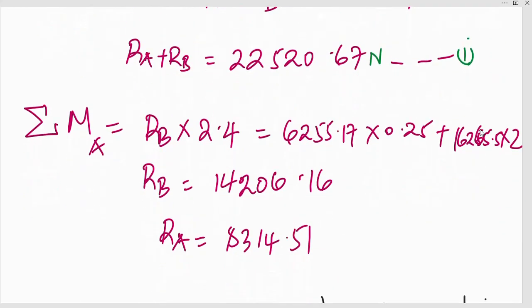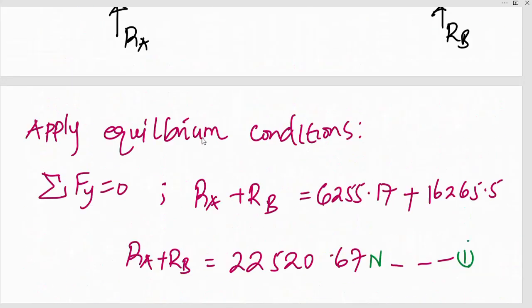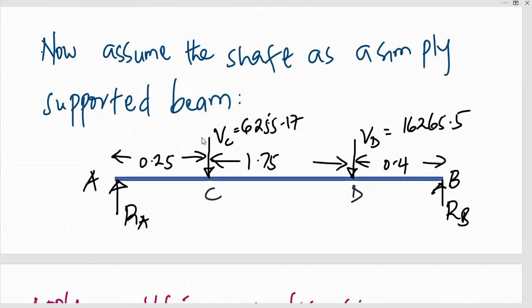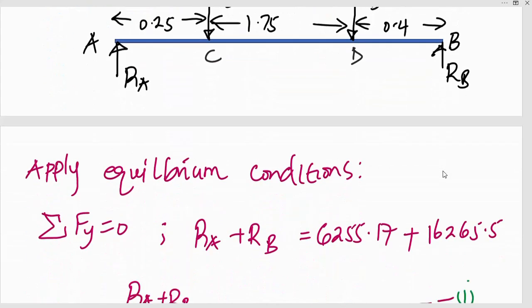Then we also look at the sum of moments about A. With the sum of moments about A, we will have clockwise moments, which will be VC times its perpendicular distance from A, and VD times its perpendicular distance from A. Then we will also have an anti-clockwise moment due to RB.